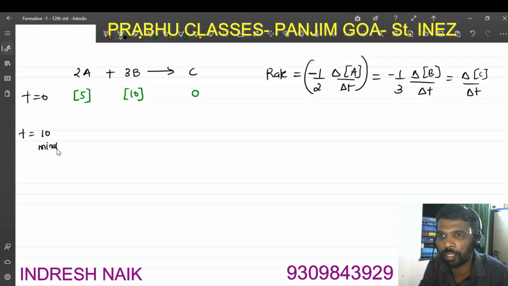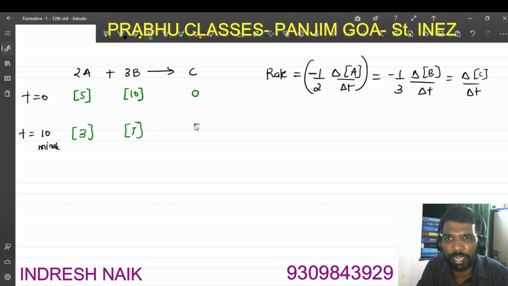After 10 minutes, what would be the concentration of the reactant A? Obviously the concentration of the reactant A will be less than 5 because the reactant is getting consumed, so it won't be more than 5, obviously it will be less than 5. Let's say it has gone down to 3, and this concentration has gone down to 7.